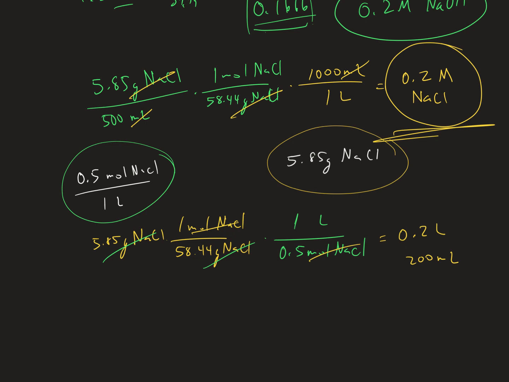So is that moles divided by molarity gets us the volume? Sure. I don't like to think of it that way, because then I have to remember that moles divided by molarity is volume. I don't mind if you think of it that way.